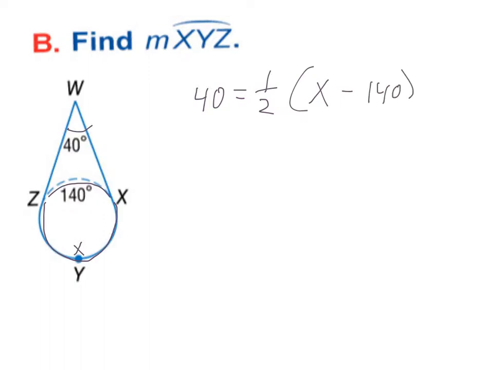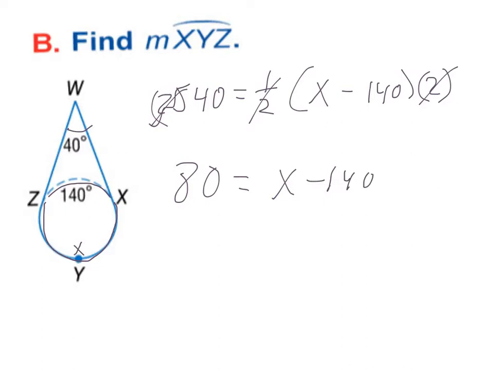Multiply both sides by 2 to get rid of the half. I'm sorry, I shouldn't have scratched that out. 2 times 40 is 80, equals x minus 140. Add 140 to both sides, and x equals 220, which is the measure of arc XYZ.